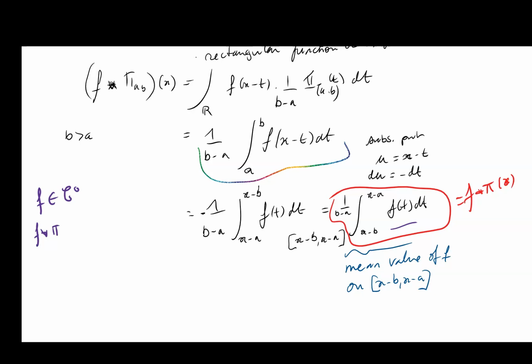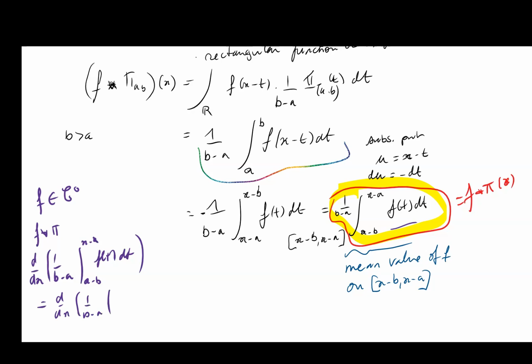So let's look at this integral that we have here. Obviously, if f is continuous, this is going to be well defined. Furthermore, applying differentiability in x, I've got 1 over b minus a times the integral between x minus b and x minus a of f of t dt. That's going to be d over dx of 1 over b minus a.